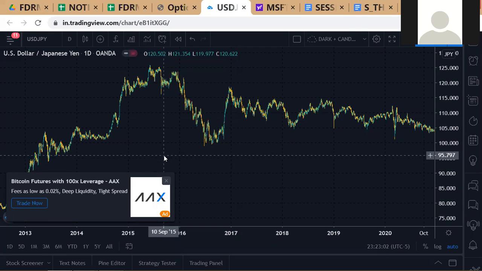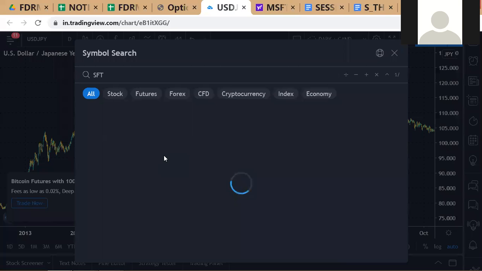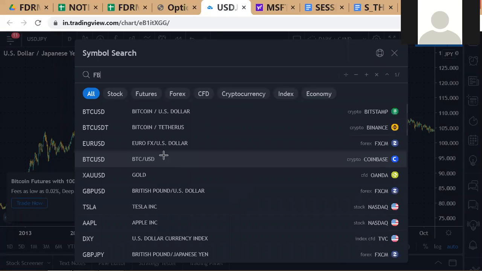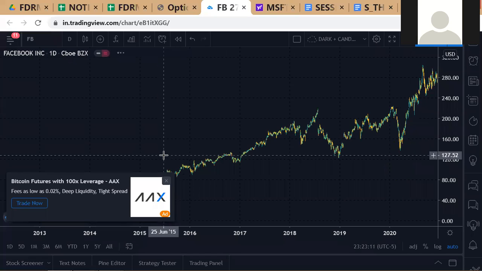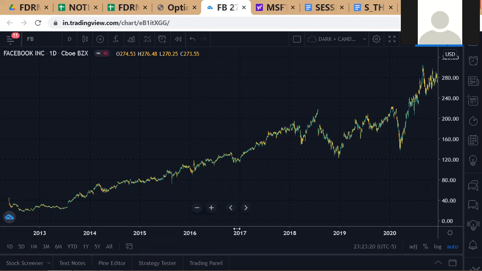One approach to arriving at fair values is to look at, if we take a stock like, say, Microsoft, or let's look at Facebook. There's a big antitrust suit that was filed against Facebook. Not much decline in the stock, actually, because I guess the market does not expect much to happen eventually out of that antitrust suit.